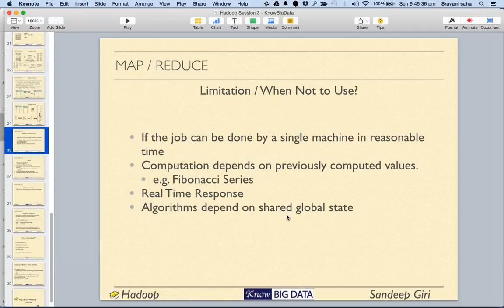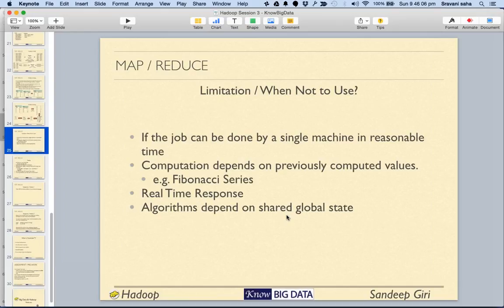If all the mappers start calling your shared global state for each record in the input, your mapper function is going to get called for each record. Now imagine that all the data nodes executing your mapper function, in parallel, are making so many calls to the shared global state, maybe a database.